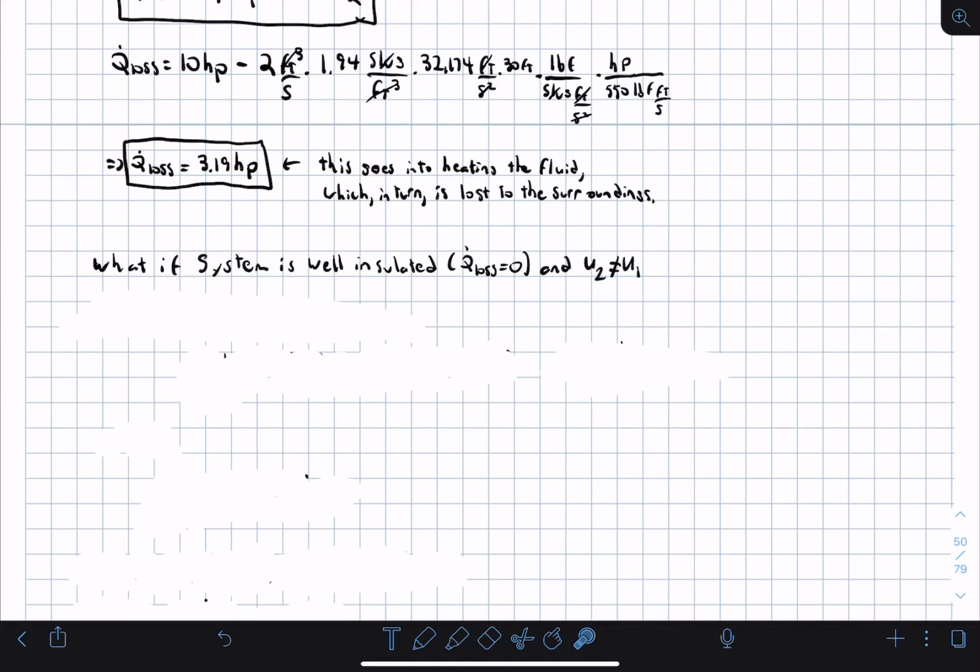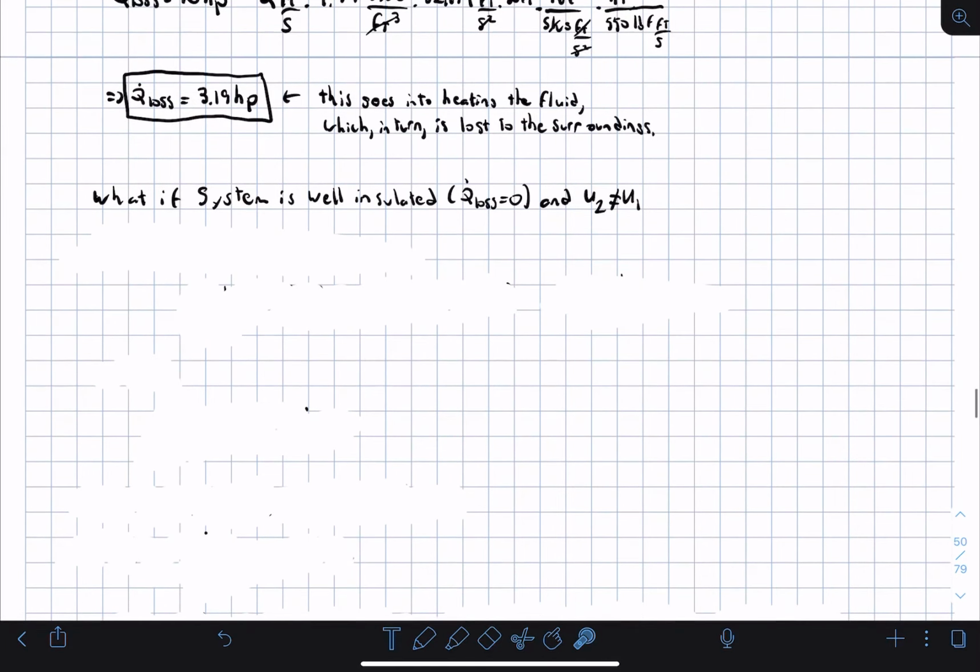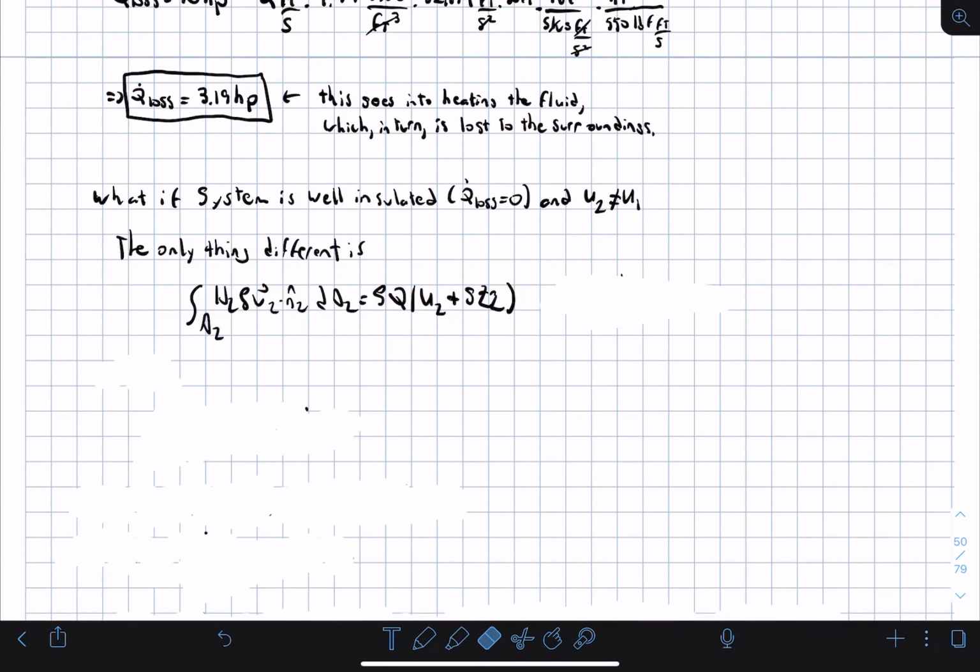I'm not going to go through the details. The only thing that is different is that the integral over A2 becomes rho Q times (U2 + gZ2), because now the internal energies are different, and we can no longer assume that U2 is equal to U1.